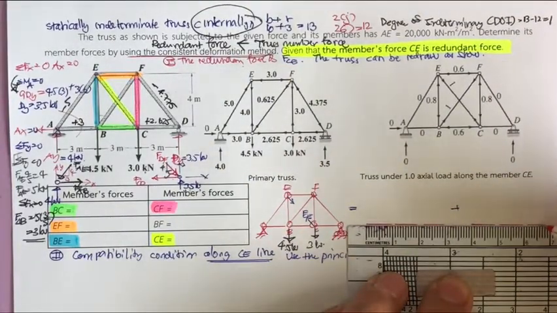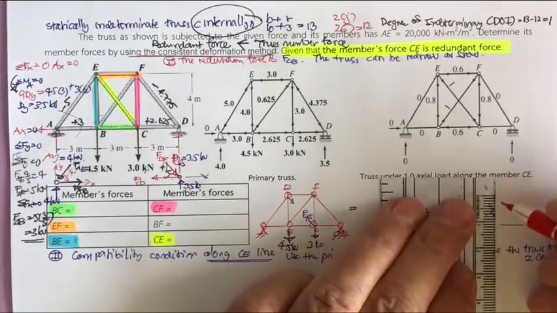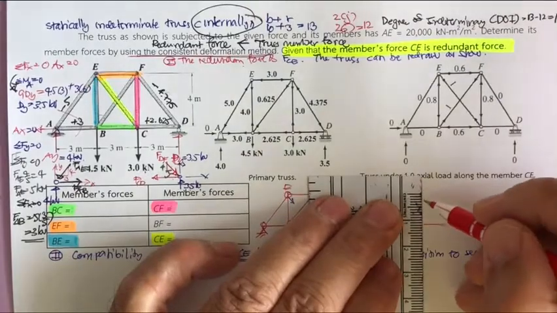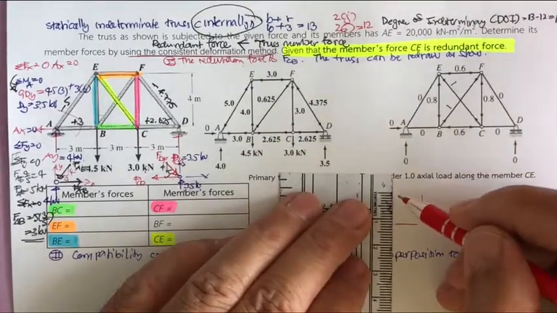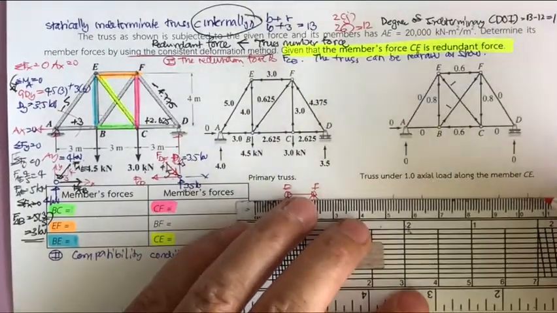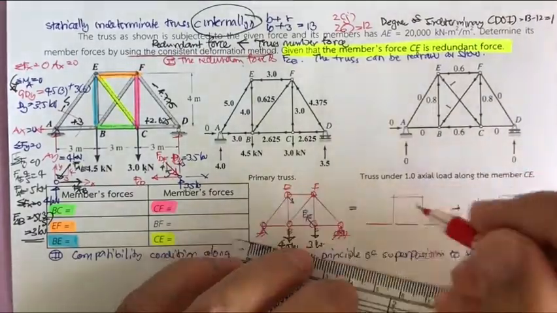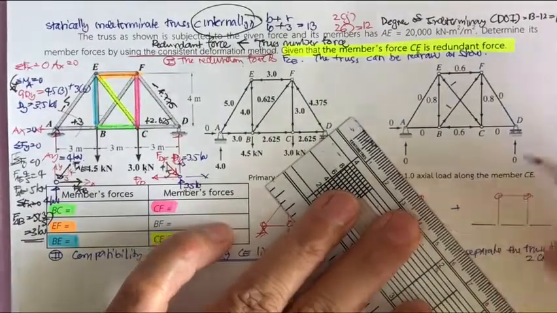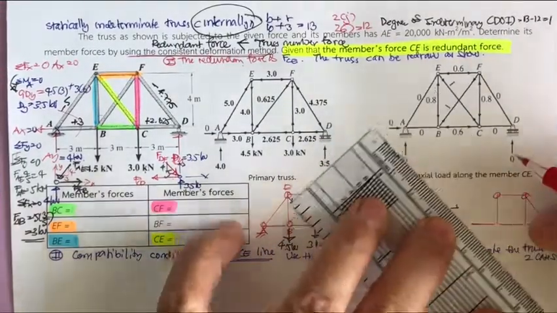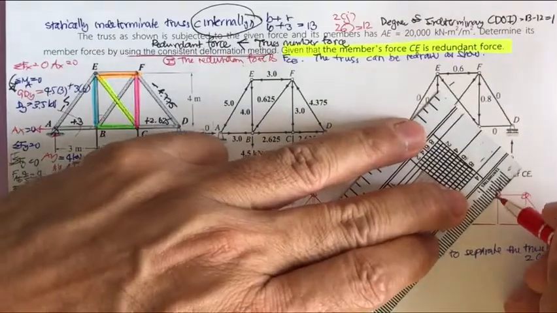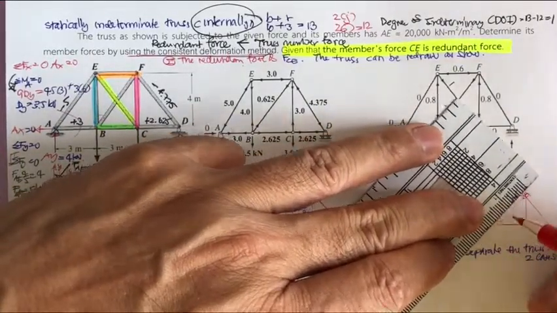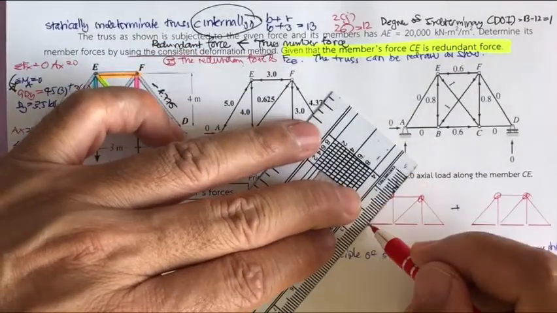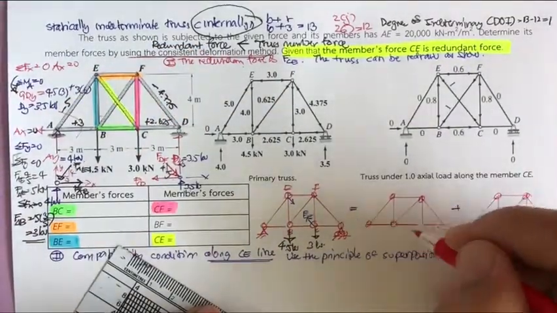One truss will be subjected to the applied loading, and the another truss will be subjected to the redundant, and when they combine to each other, you will get the statically indeterminate truss, and then you can solve from the force displacement relationship.